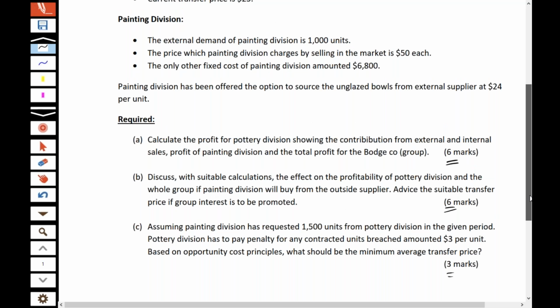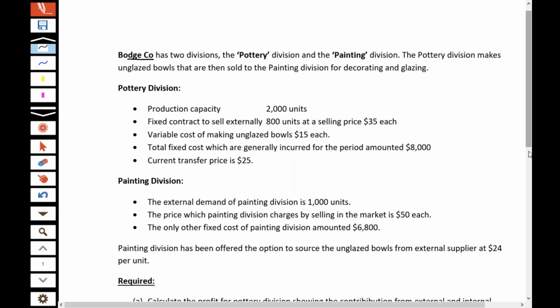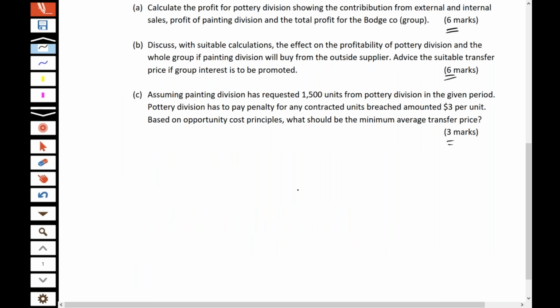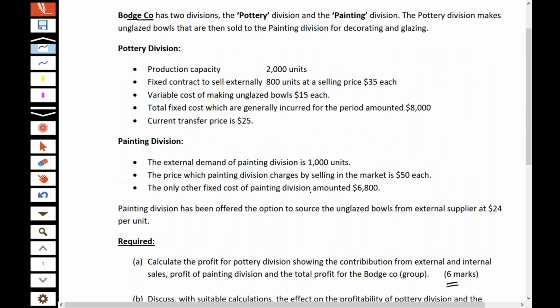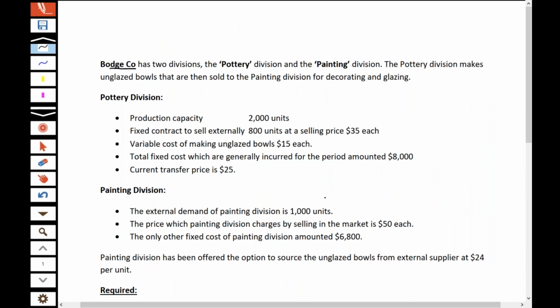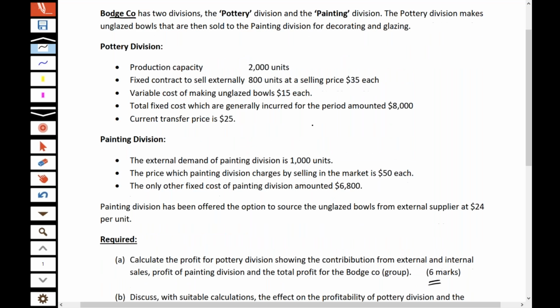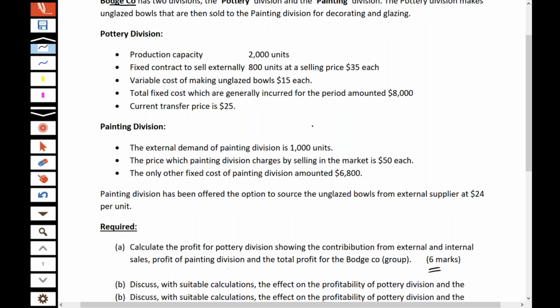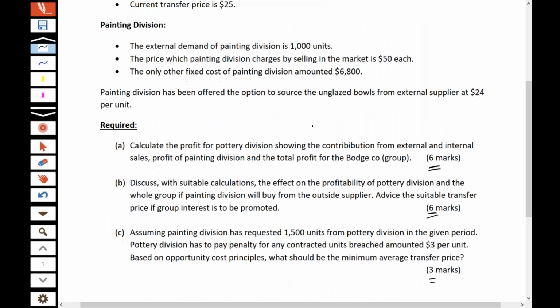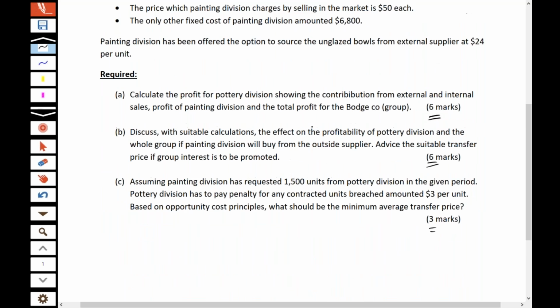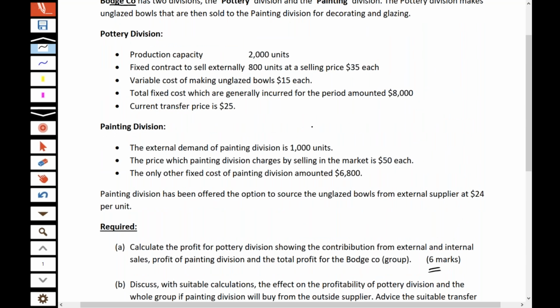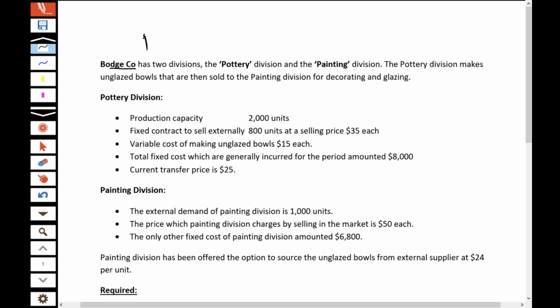First of all, I would like you people to read this case. Botch company has two divisions, pottery and painting. Students, just read this case.